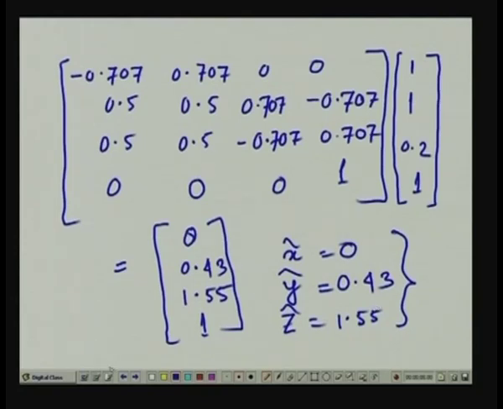Now, what we have to do is apply the perspective transformation to this particular point.